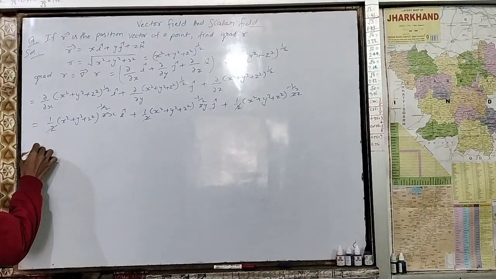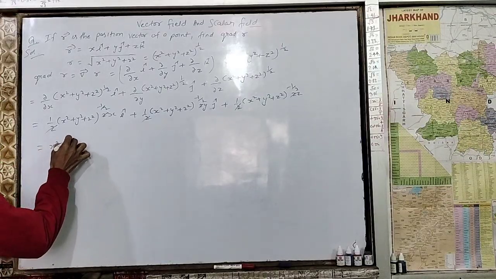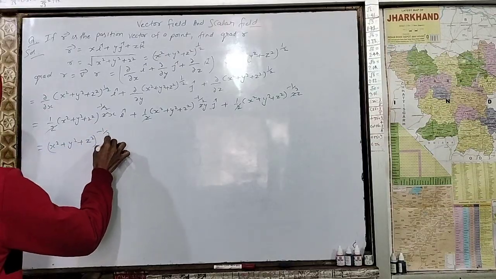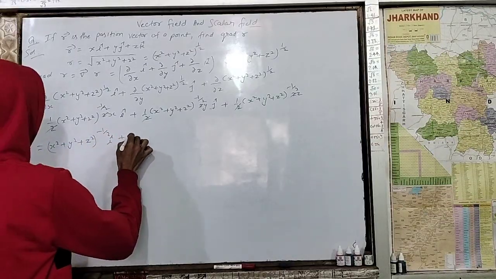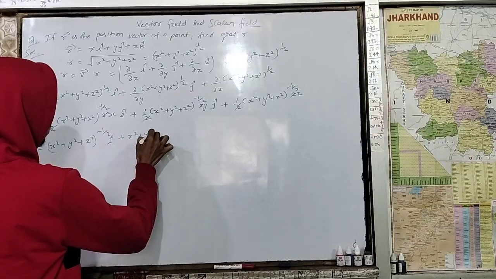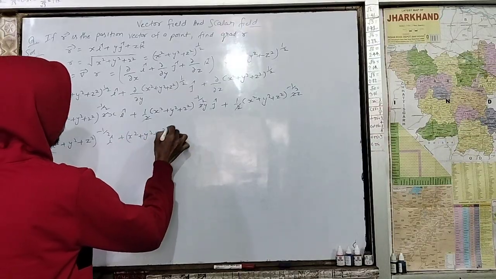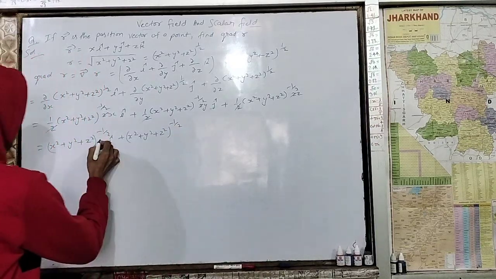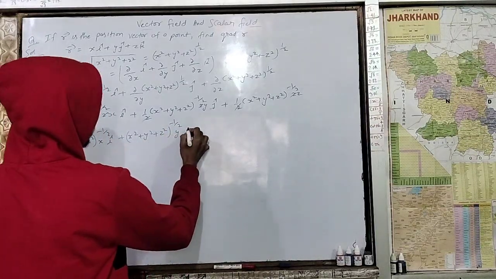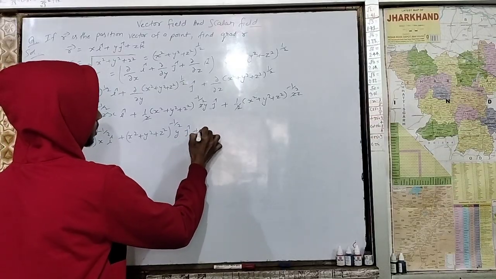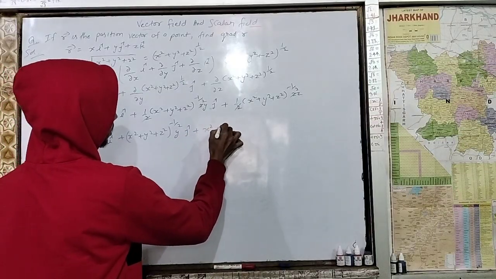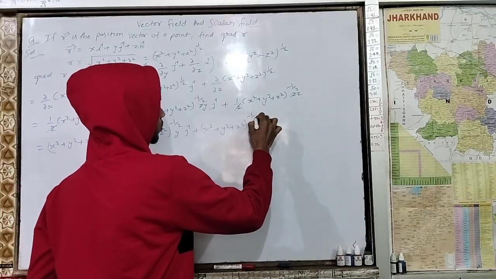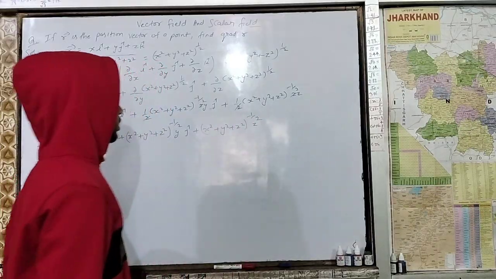So finally we have (x square plus y square plus z square) raised to power minus 1 upon 2 into x along i cap, plus (x square plus y square plus z square) raised to power minus 1 upon 2 into y along j cap, plus (x square plus y square plus z square) raised to power minus 1 upon 2 into z along k cap.